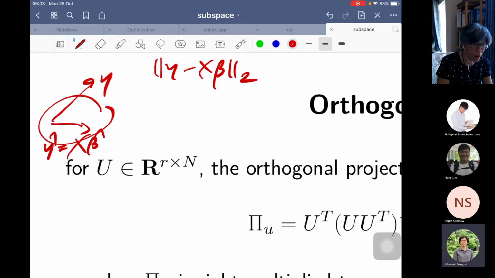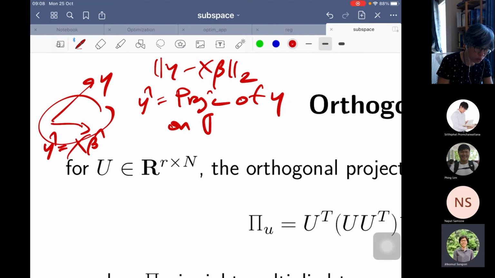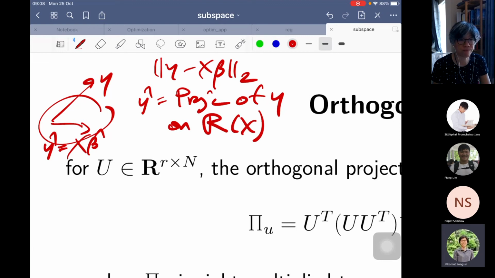That is your y hat. The problem of finding the least square estimate is the same as finding the projection of y onto the range of x. The range of x is also the same as the column space of x, right?